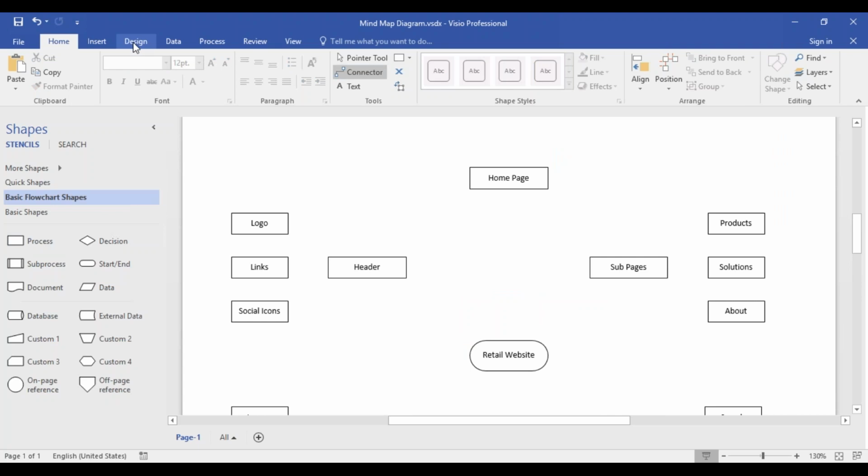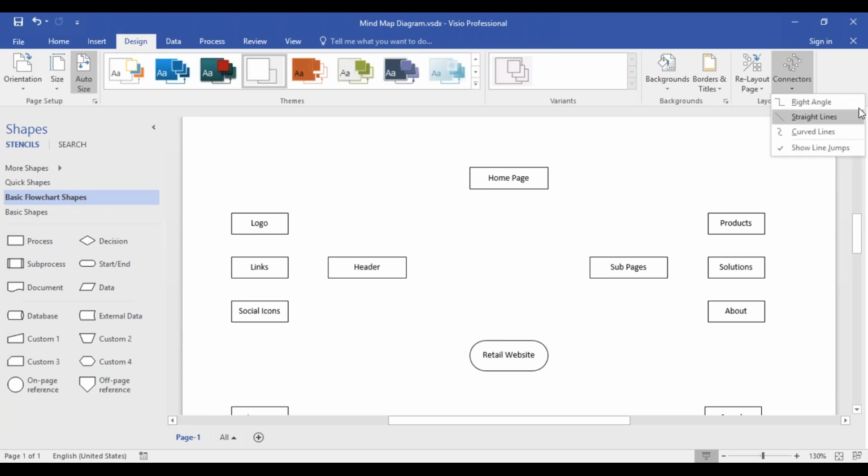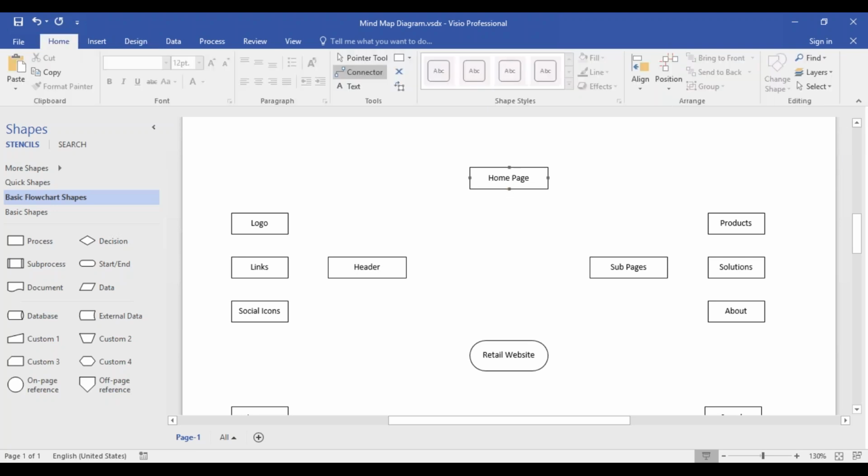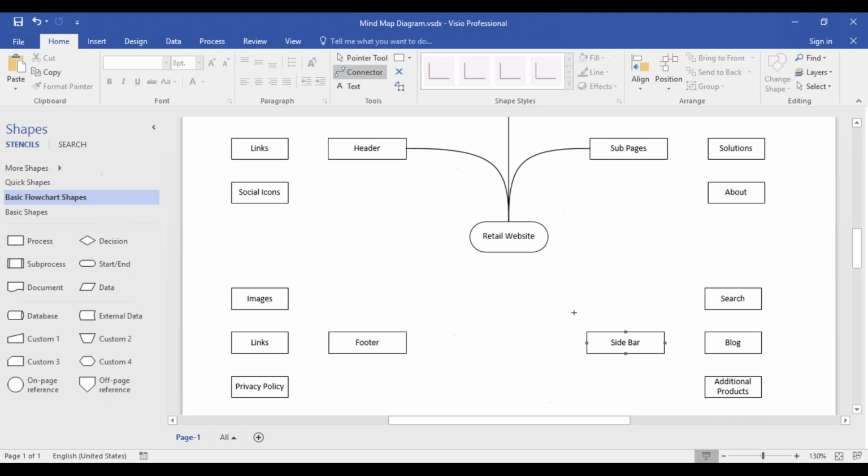Click on design. Connectors are of three types: right angle, straight line, curved lines. Select curved lines. And now click outside. Start adding the lines. Automatically you have selected curved line in the design, so it will remain as a curved line.